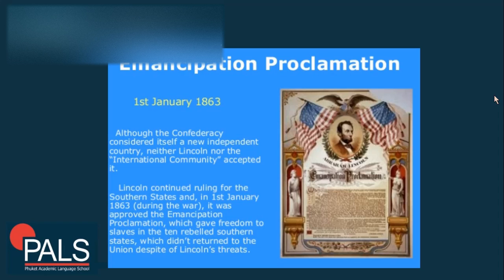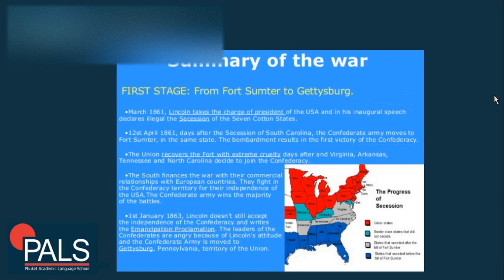They said it's just an imaginary country that you're creating. Lincoln continued ruling for the southern states, and on 1st January, it was approved the Emancipation Proclamation, which gave freedom to slaves in the 10 rebel southern states, which didn't return to the Union despite Lincoln's threats.